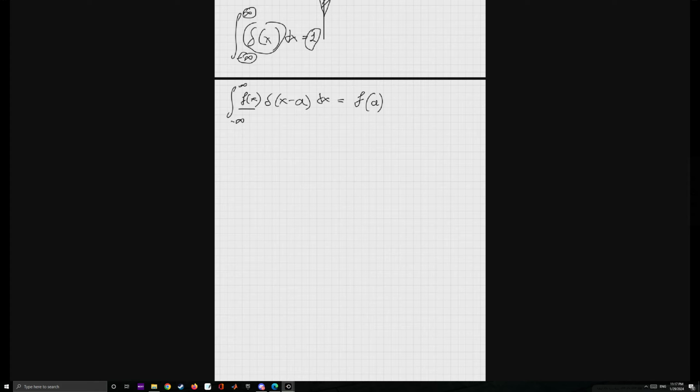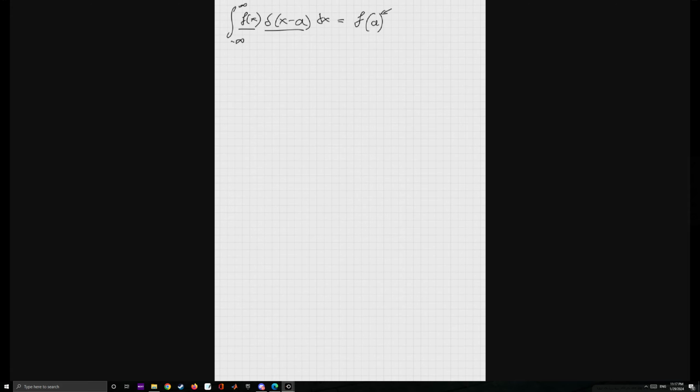So you can think of the delta function as picking out whatever makes the argument 0. The argument is x minus a. So what x makes the argument 0? a. So you get f of a. This is a general property.